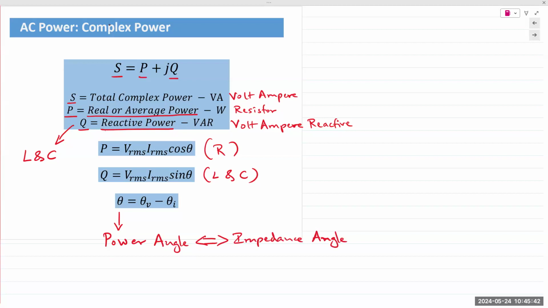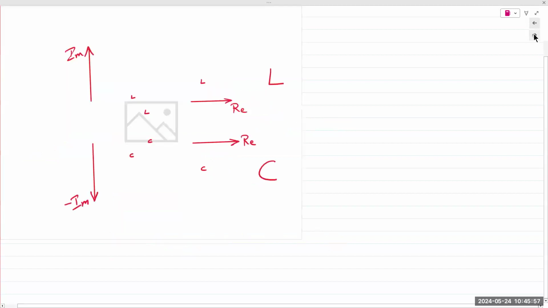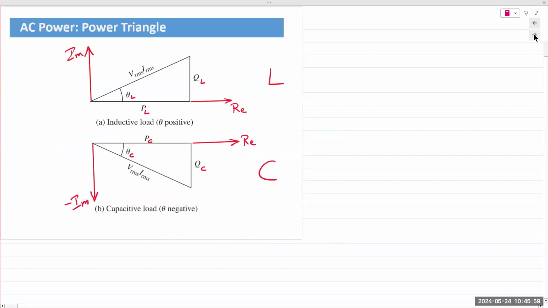Remember the impedance triangle, Z is R plus jX, and there too, impedance is V divided by I. So theta V minus theta I gives you that impedance angle. For an inductor, that impedance angle is positive. ZL is always plus 90, ZC is always minus 90. Hence, QL is plus 90 and QC is minus 90.